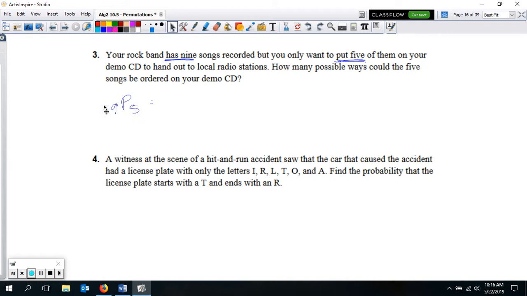And so if that's the case, then 9 factorial is going to be on the top for the formula. It's always the 9, always that first one, factorial on the top, and then you subtract these two for the bottom factorial. 9 minus 5 factorial is on the bottom, which ends up being 4. 9 minus 5 is 4. So it's 9 factorial over 4 factorial. Then we can start to write this out, starting with 9 on the top, times 8, times 7, times 6.